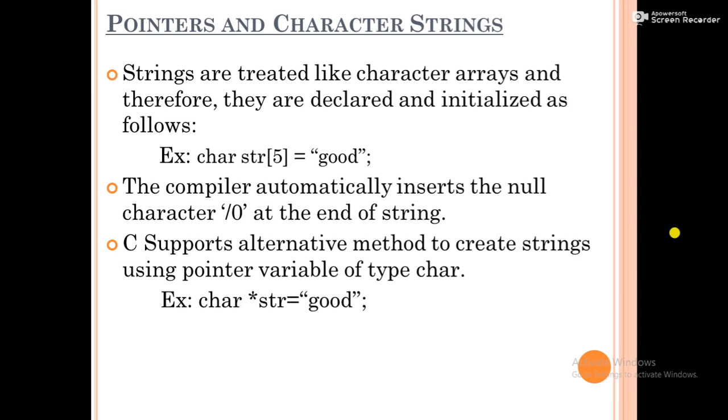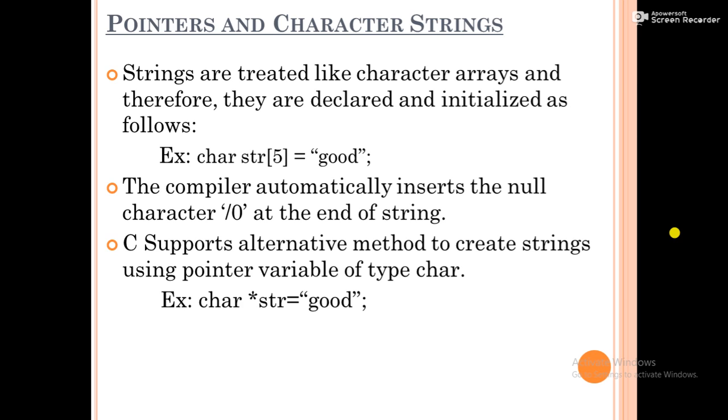So next one is pointers and character strings. We can also store strings in pointer variables. So what is the difference between normal character arrays and pointer character strings? When we declare str[5] and store a value like "good" in that variable, the length is 4, and we declared the string of 5, so here we are using one memory location.